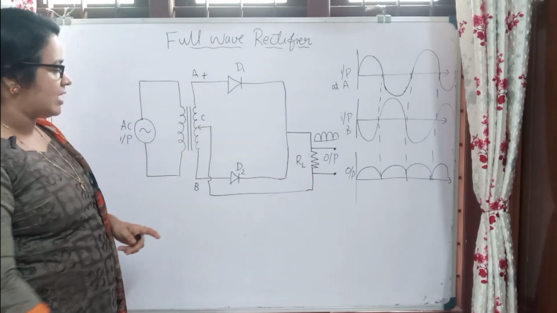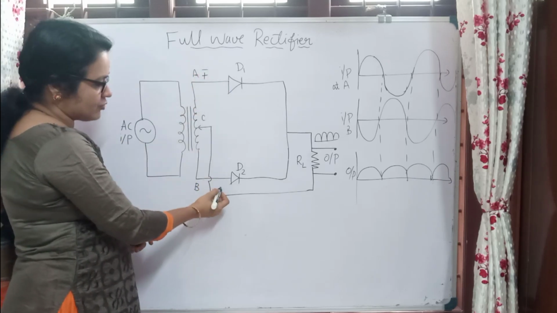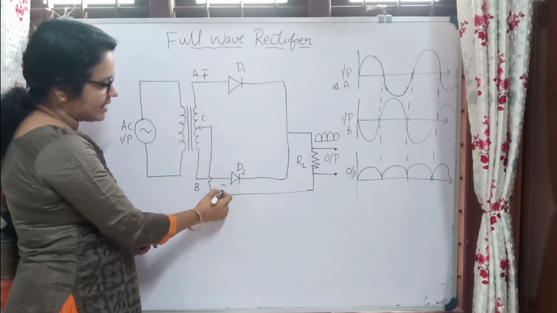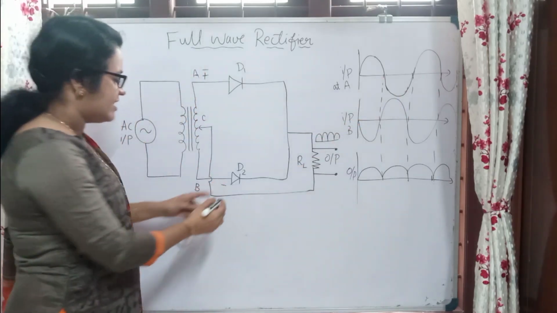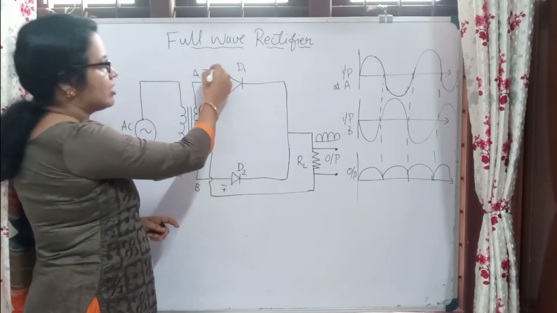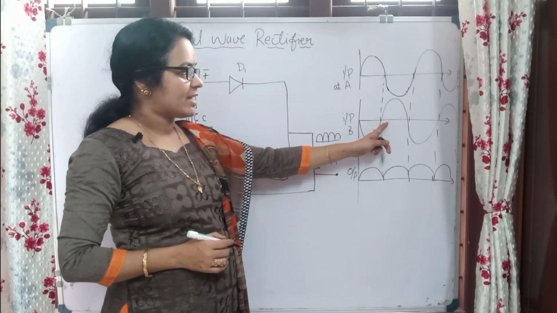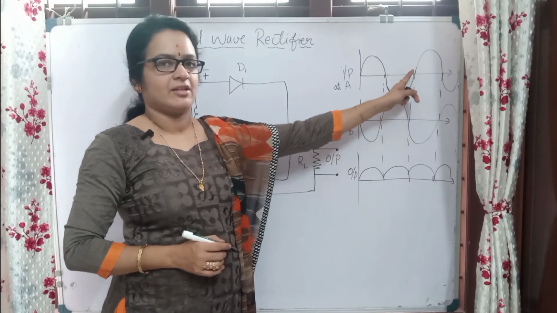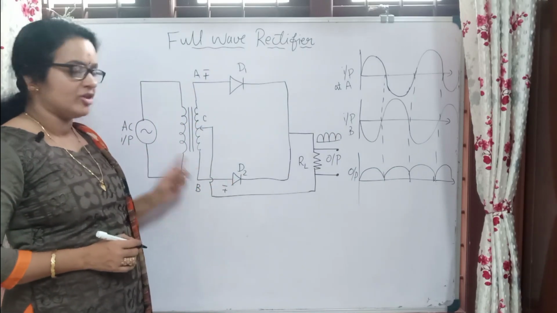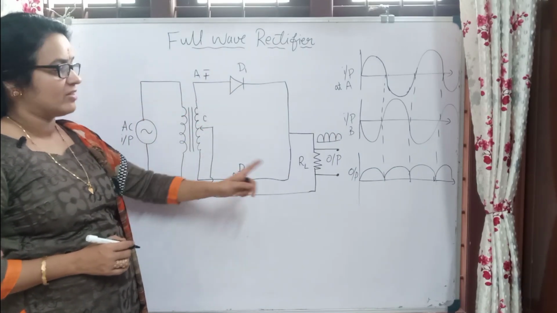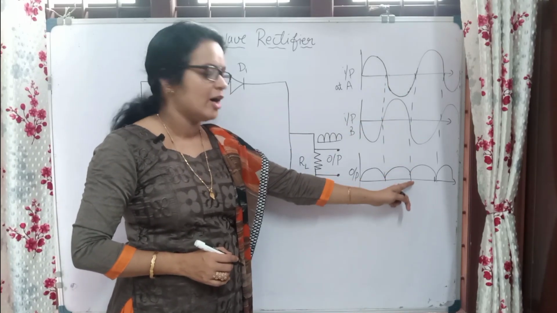In the second case, suppose this is negative, which was positive earlier. Then in the second half cycle this will be positive and this will be negative. Clear? This diode is forward biased and the other is reverse biased, so this portion is conducting, and here we will get the output.